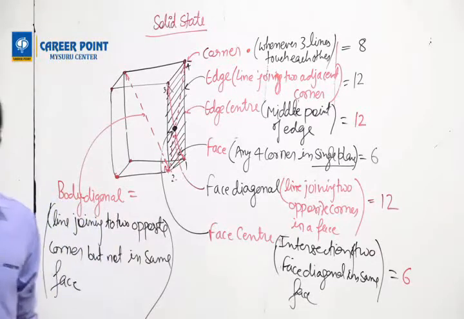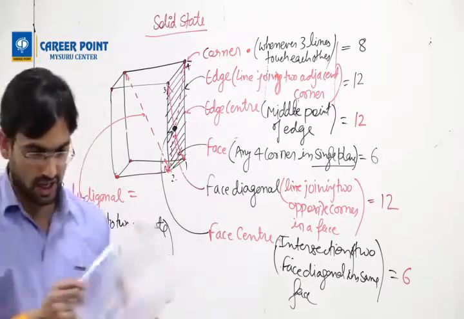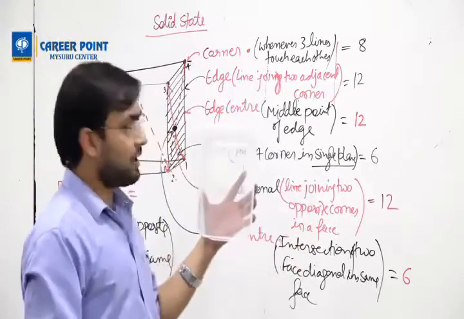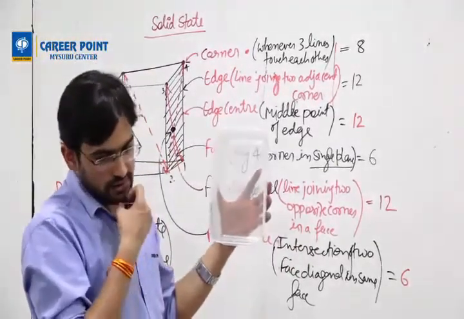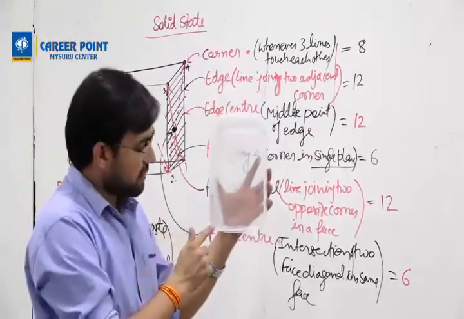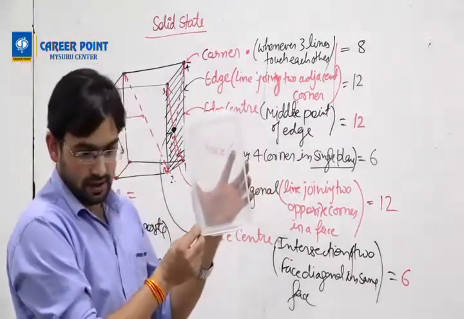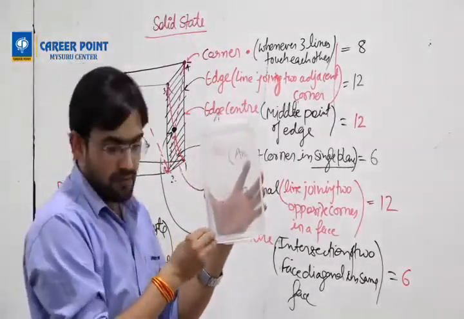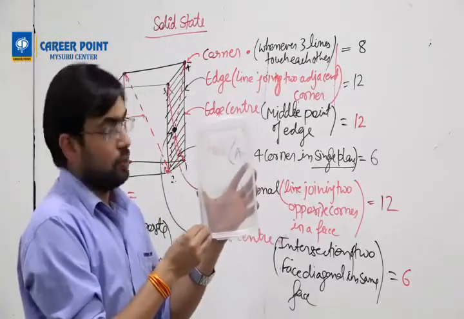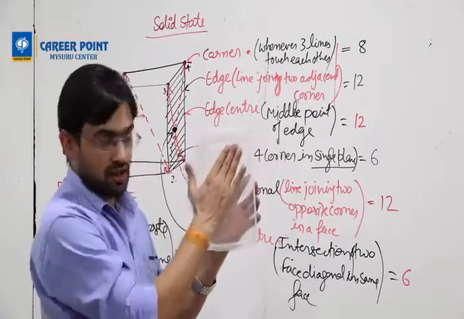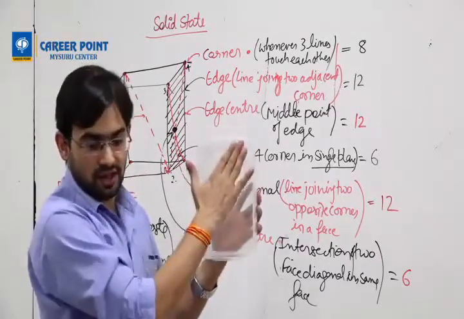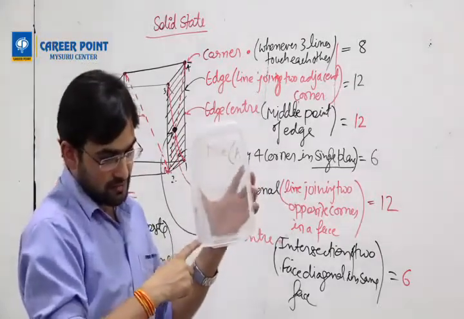To teach you the body diagonal, we will take this box again. This is one corner. From this corner to the opposite corner, but not in the same face. The opposite corner is this, but then this will come in the same face. So what we take is this.